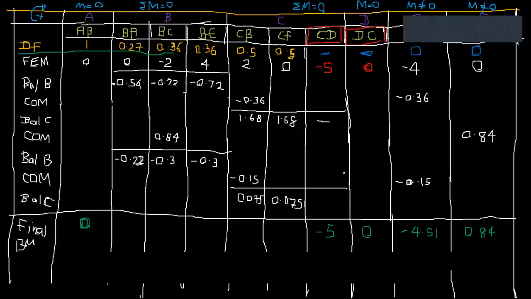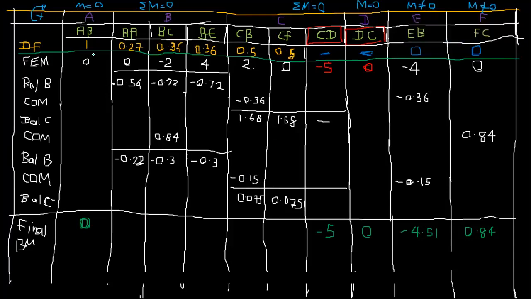So here it's going to be how much? You can just sum up what's below this level, right? So add these columns, add these values, everything, right? So it's going to be 1.68 plus 0.075.